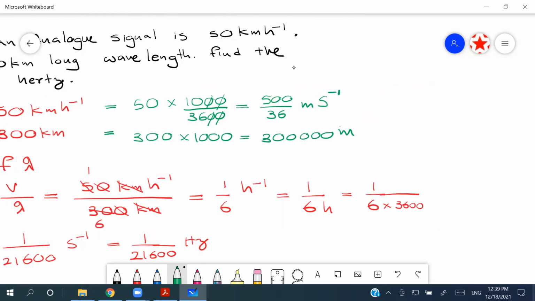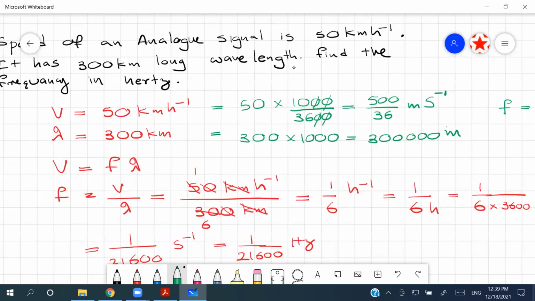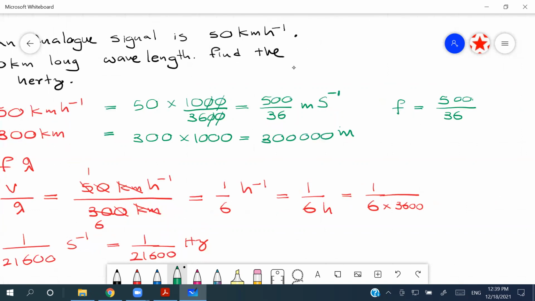So if I need to find the frequency, I'm going to divide what? The speed is going to be 500 divided by 36, and the lambda is going to be divided by 300,000.